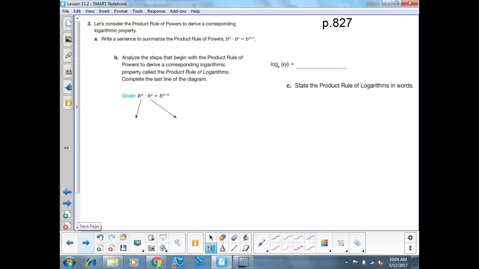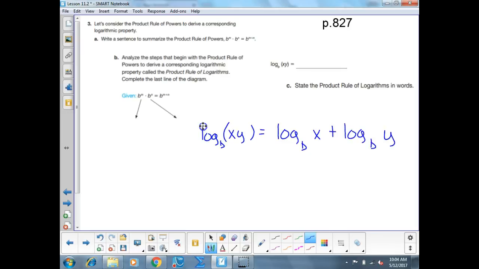Right. So yesterday we learned the product rule for logarithms, and that was log base b of x times y was log base b of x plus log base b of y.